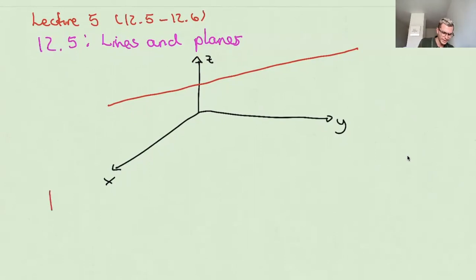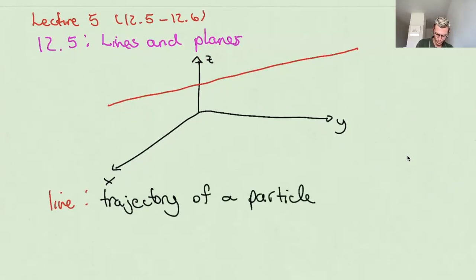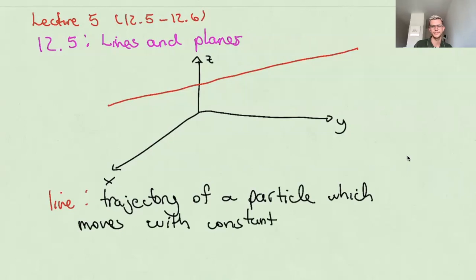So you can think of a line as a trajectory of a particle which moves with constant velocity. In fact, we'll talk more next week about velocity and acceleration and other things like that. So this is a good introduction to that part.